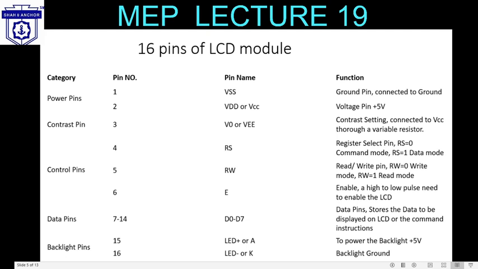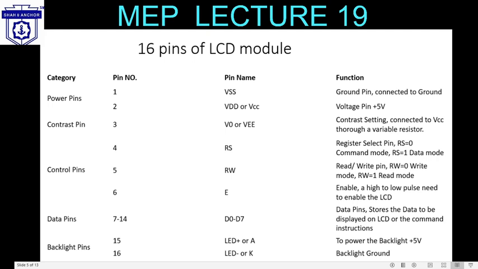Pin number 2 is VDD or VCC, a plus 5 volt power supply pin. The next category is contrast and register pins, pin number 3 and 4. Pin number 3 is V0 or VEE. This indicates contrast setting and is connected to VCC through a variable resistor.